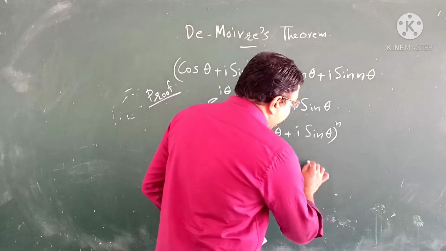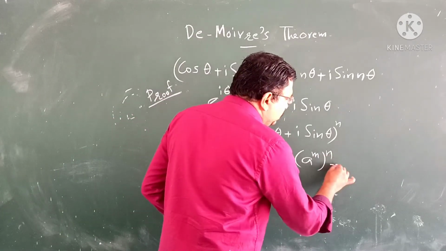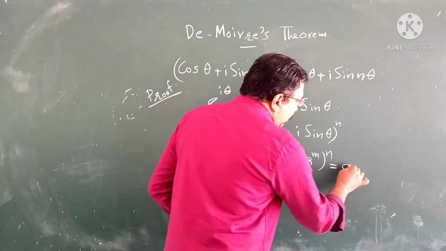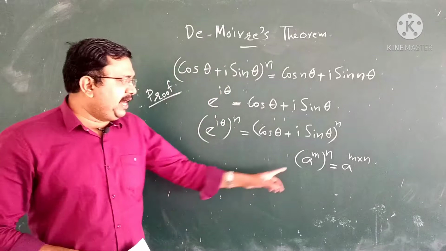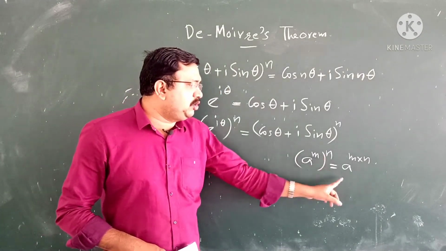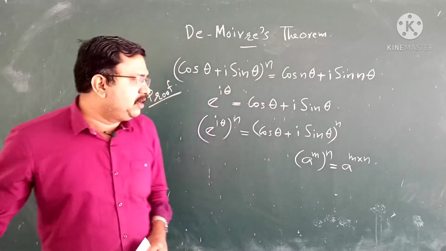We are taking the whole raised to n on both sides. We know that (a raised to m) the whole raised to n equals a raised to m into n.